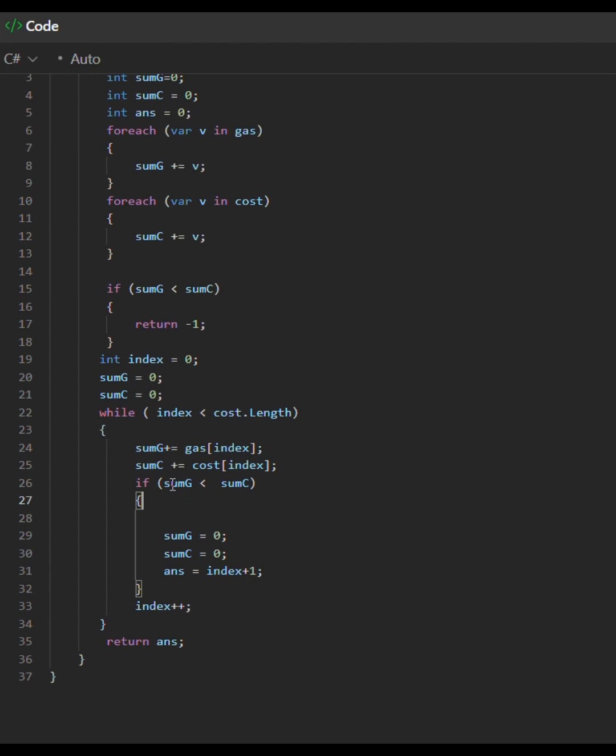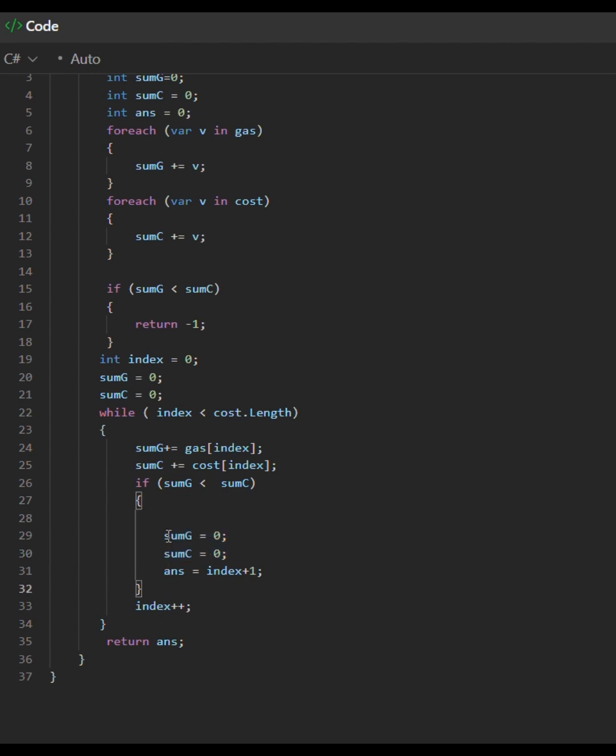If the total amount so far for gas is less than the cost, then we need to start fresh, because all of the indexes before are not attainable: we don't have enough gas to travel to the index so far.